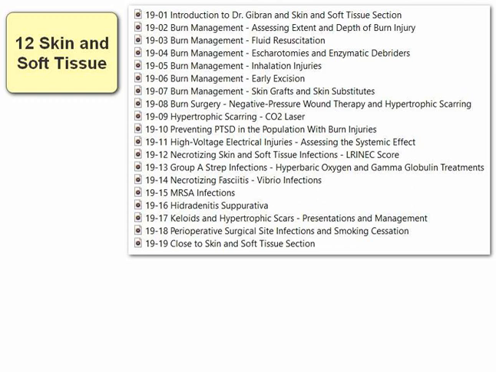Most papers on this topic end by saying we have a strong need for randomized controlled trials for both gamma globulin treatment and hyperbaric oxygen treatment. And so I think that the jury is still out on both of those.